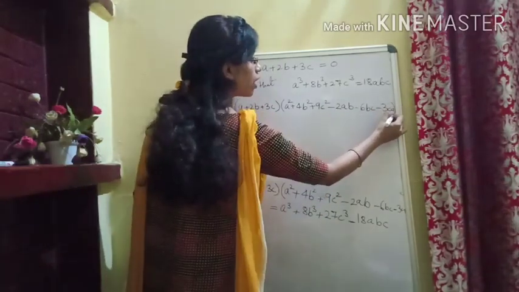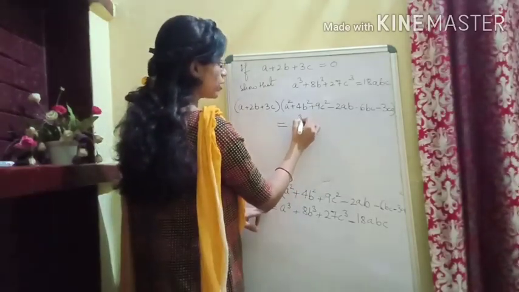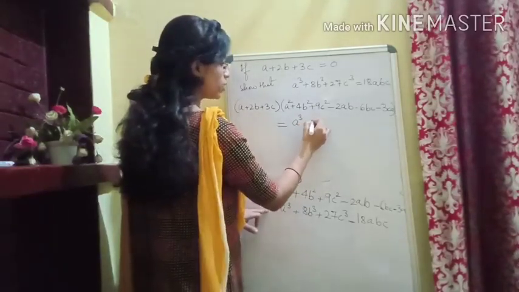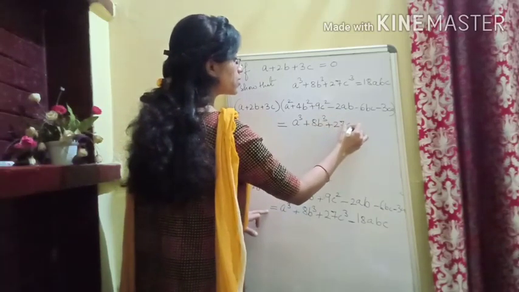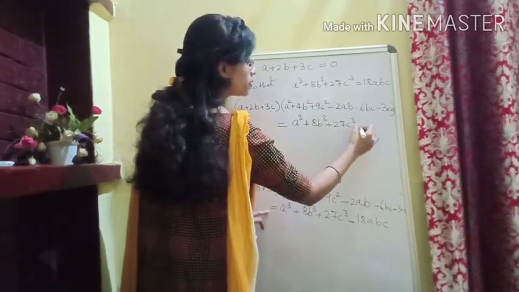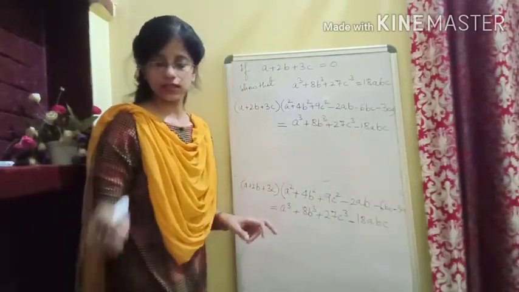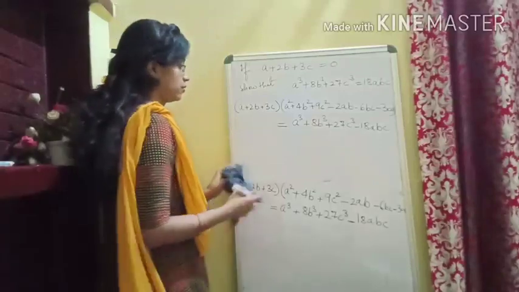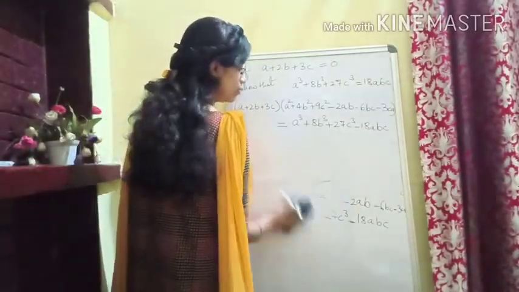This is all our left hand side, which equals the right hand side, which is A cube plus 8B cube plus 27C cube minus 18ABC. So these are the terms on left hand side and right hand side.